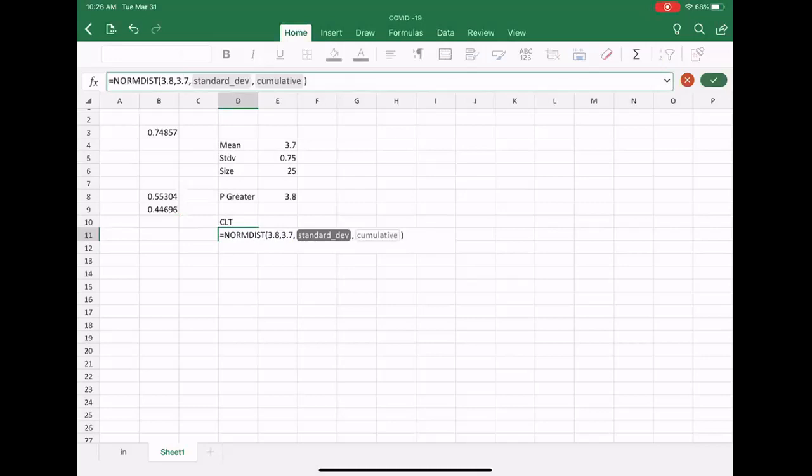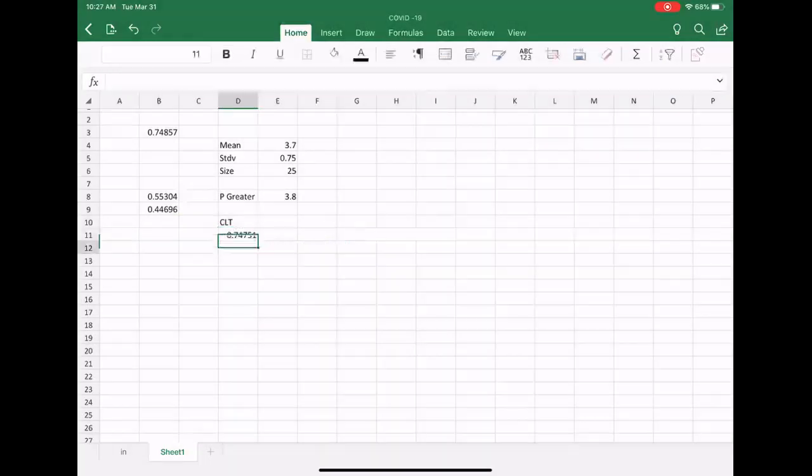But this is Excel, so if I put in 0.75 divided by SQRT of 25, I don't even have to do the calculations. Excel will do everything for me because that is the new standard deviation according to the central limit theorem. And then I put in my 1, and there is the same answer we got before.